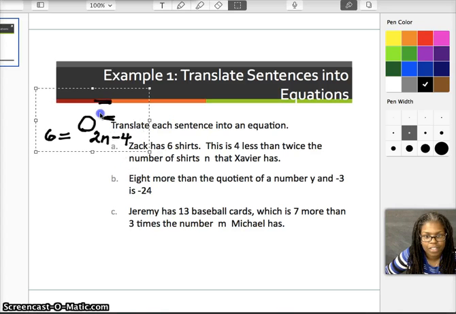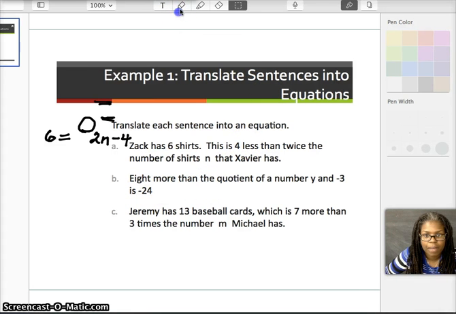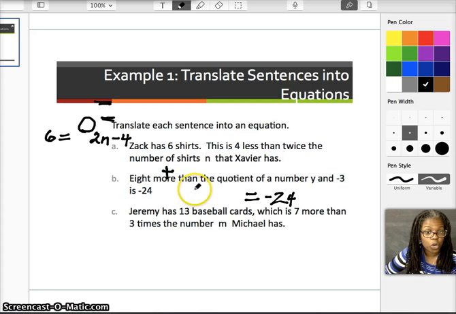So 8 more than the quotient of a number y and negative 3 is negative 24. Well, the is negative 24 tells me equals negative 24 is going to be a part of our problem. Now, 8 more than I hope you recognize as an addition word. We know that we're going to be adding when we hear more than.